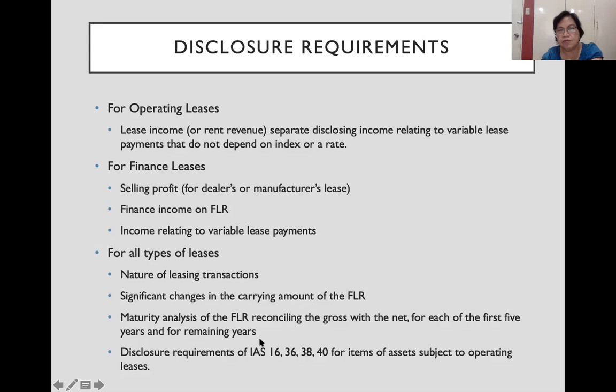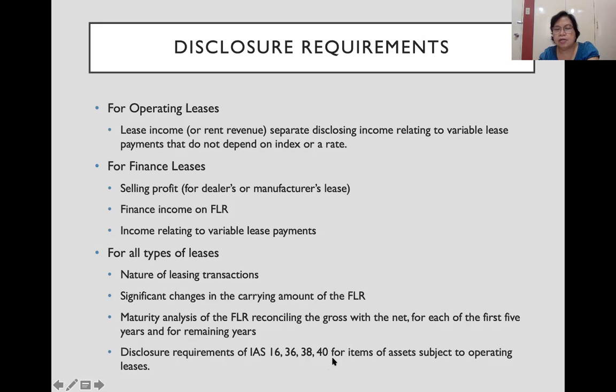So you have finance lease receivable that will be collected next year, finance lease receivable that will be collected year 2 up to year 5 from the balance sheet date, and then finance lease receivable that will be collected after year 5. So that's your disclosure requirements.